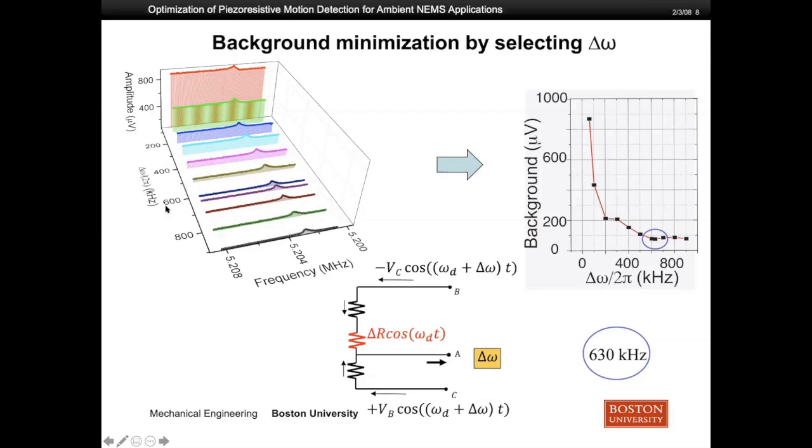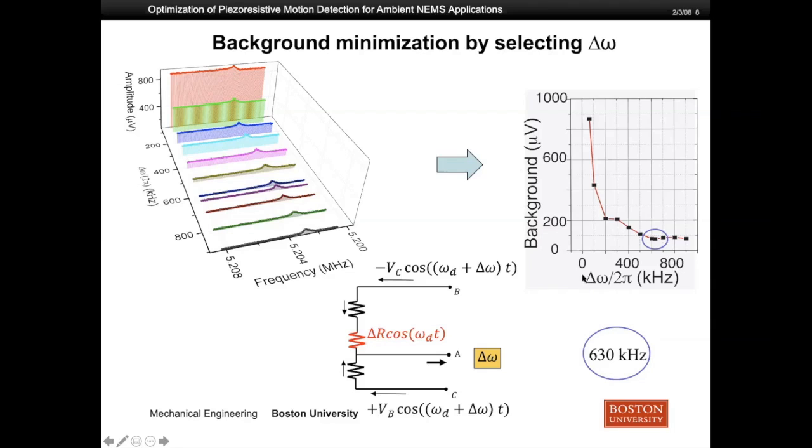For example, with 600 kilohertz for the mix down frequency, we see the peak. This peak is the resonant frequency of the NEMS device. Here we take the data and plot the off resonance amplitude as a function of the mix down frequency, shown in the right-hand side figure.